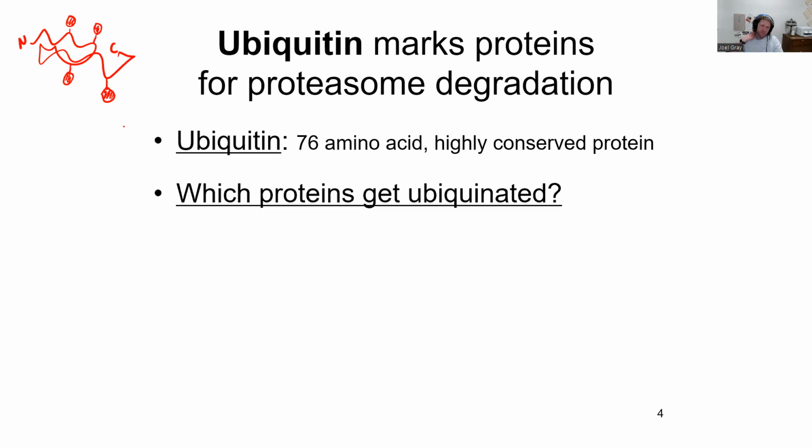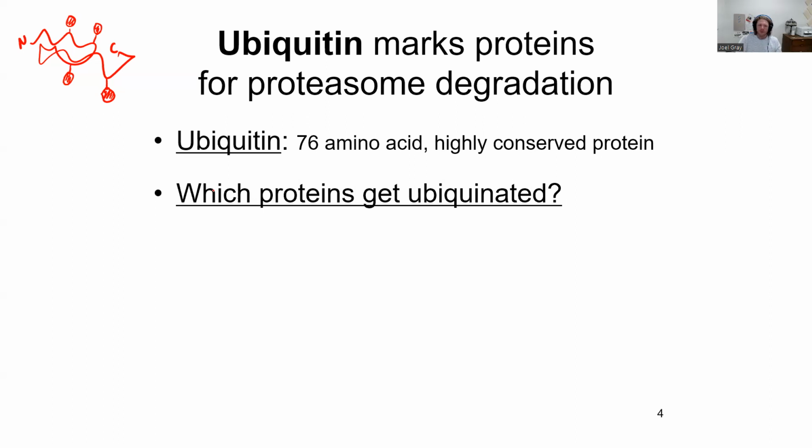Now, what is important to know is that not every single protein gets ubiquitinated. Instead, there are some things about the sequence that the enzymes involved in ubiquitination will recognize.